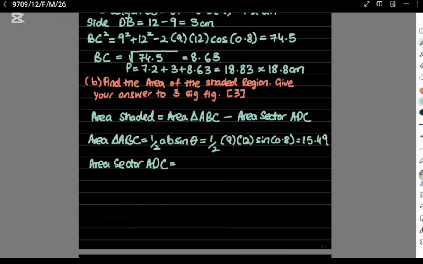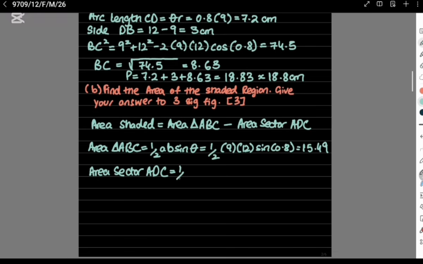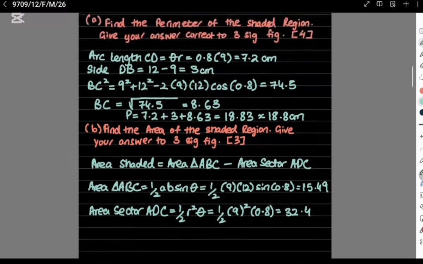ADC. Now the formula for area of a sector is half r squared theta. We know the radius is 9, so 9 squared, and theta is 0.8. So 0.5 times 9 squared times 0.8, which gives us 32.4.